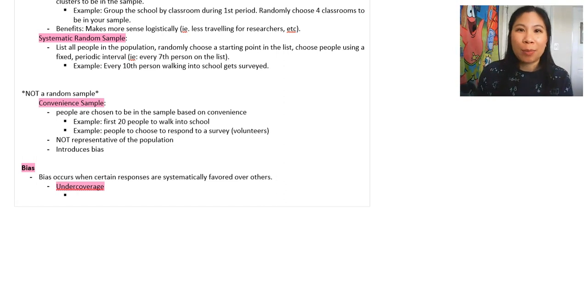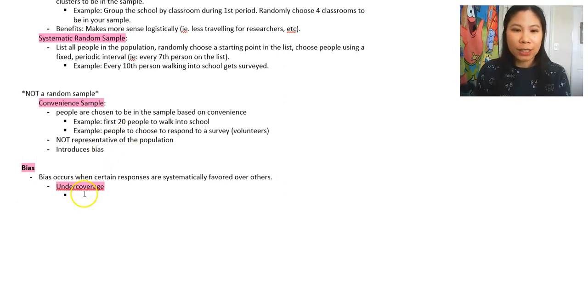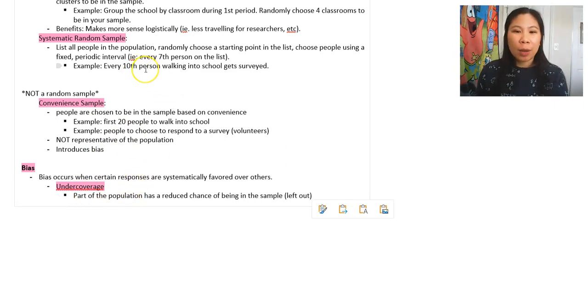One type of bias that might occur would be called undercoverage. Undercoverage is when part of the population has a reduced chance of being in the sample, like if they were left out. So if we were grouping our students in the school by first period classrooms or something, then anyone who was absent or anyone who's late to school because they weren't in their first period class, they would be less likely to be in the sample because they weren't there.